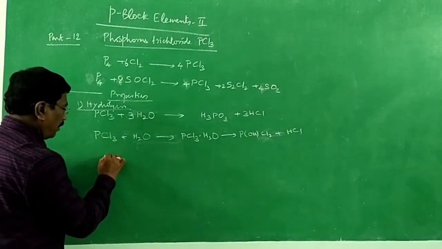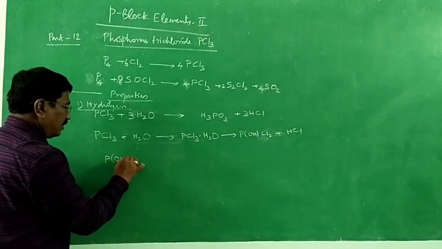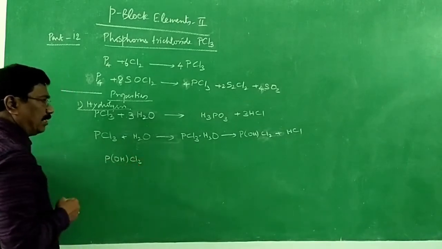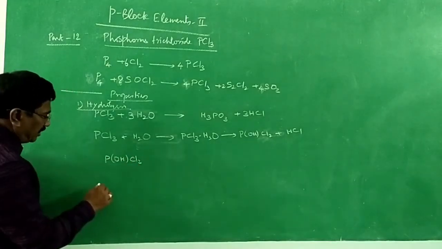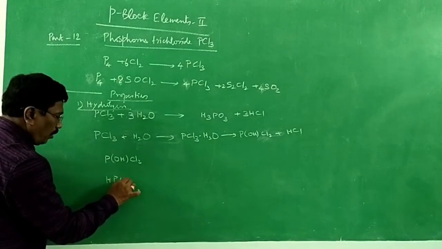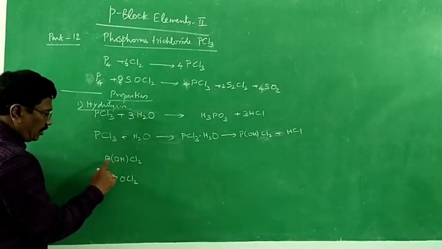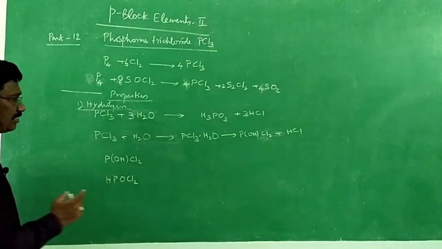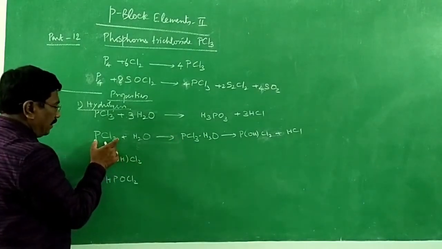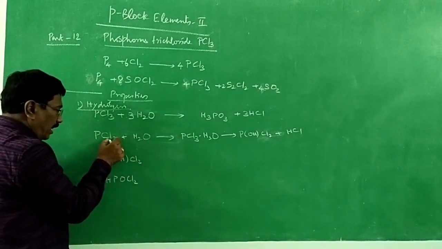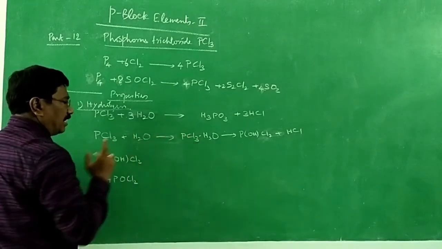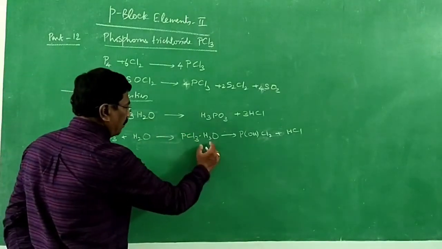In the next step, the POHCl2, which can otherwise be represented as HPOCl2, I can write the same thing. What we have written: with PCl3, one water molecule gets coordinated to give PCl3·H2O. After that, elimination of HCl.